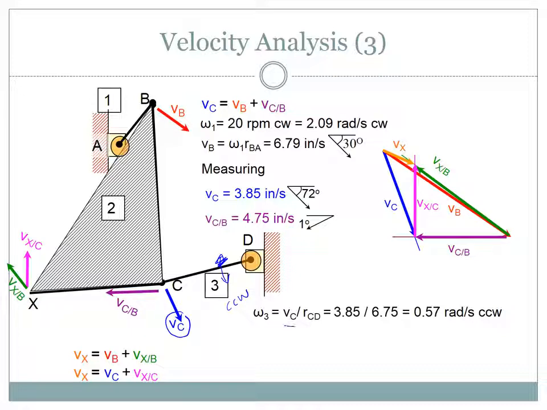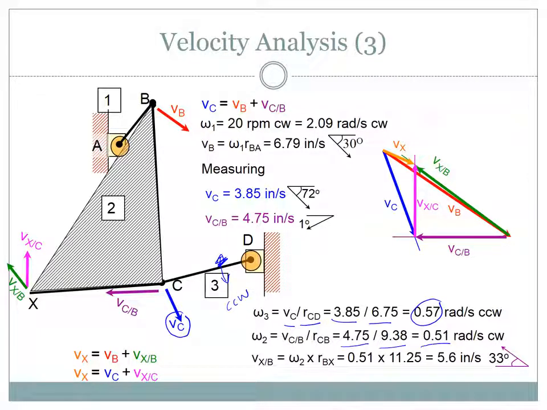Vc divided by RCD, 3.85 divided by 6.75 inch, gives 0.57 radian per second. Omega 2 is VCB over RCB, 4.75 divided by 9.38, the length of the link BC, which equals 0.51 radian per second.